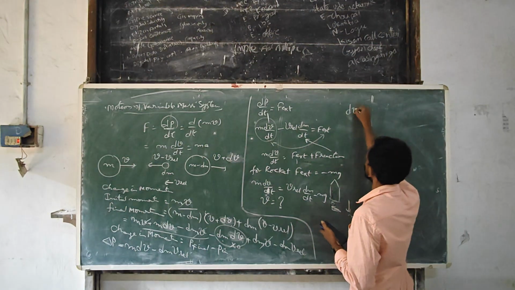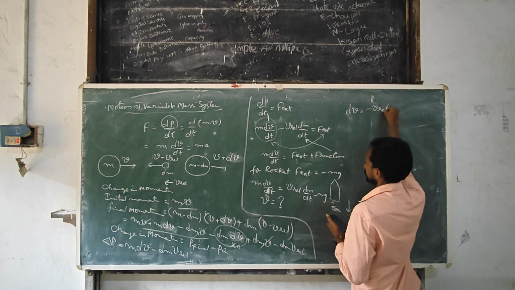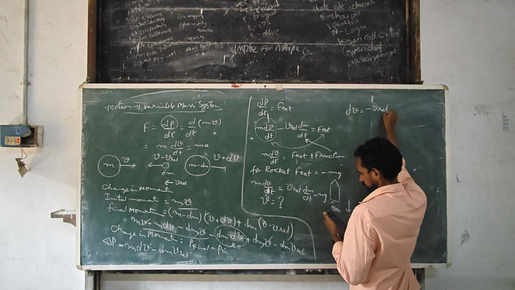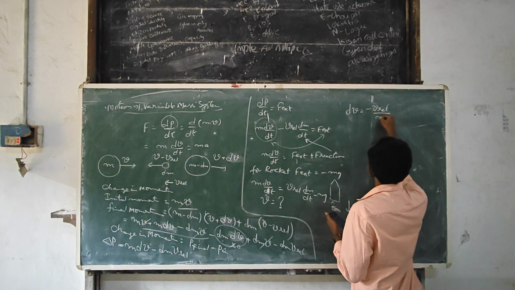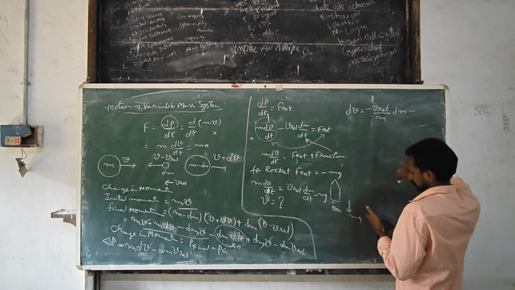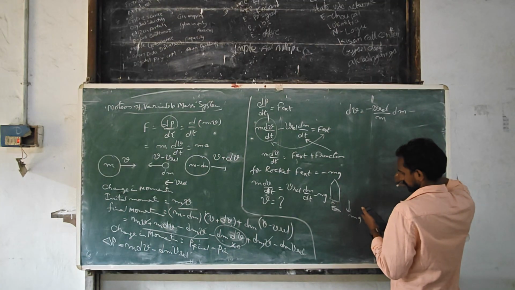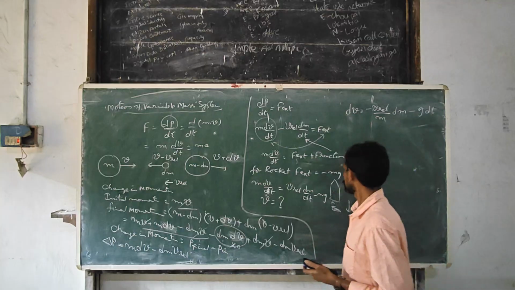So dv is equal to minus v relative by m dm minus g times dt.